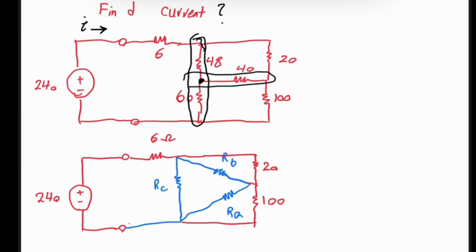Now we are going to find RA, RB, and RC.